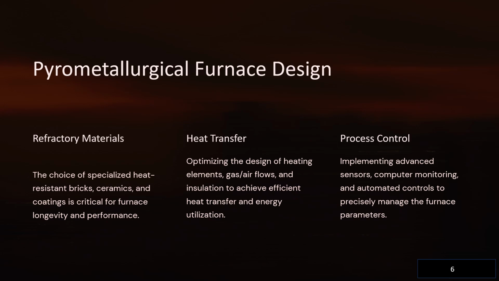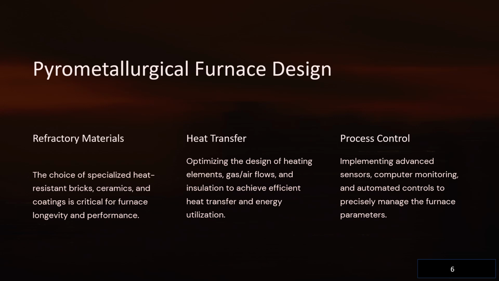Then we move to the heat transfer. In the heat transfer, we optimize the design of heating elements, gas flows, and insulation to achieve efficient heat transfer and energy utilization. So we should be able to optimize the design of heating elements so that we are able to achieve heat transfer, and we are also able to utilize the energy.